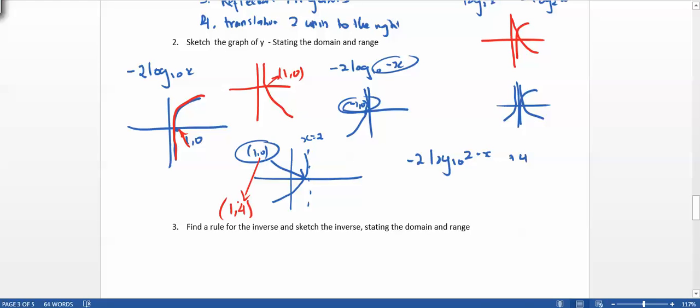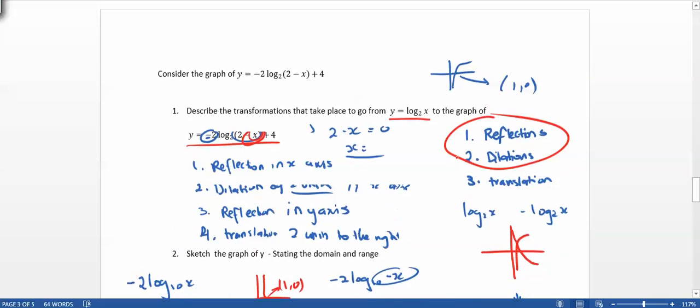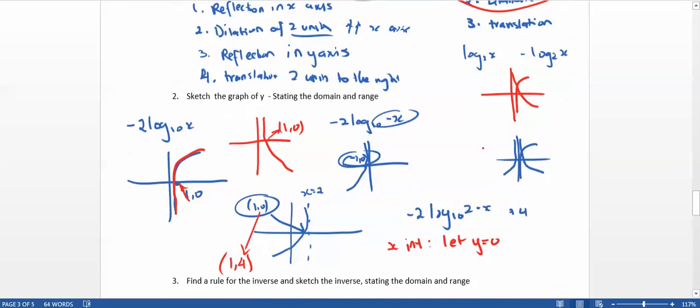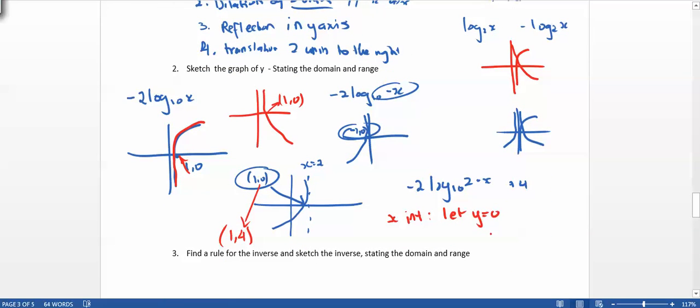So, how do I find the x-intercept? Well, first of all, for the x-intercept, I'm going to let y equal 0. What's our original function again? I'm going to have 0 is equal to minus 2 log to the base 10.